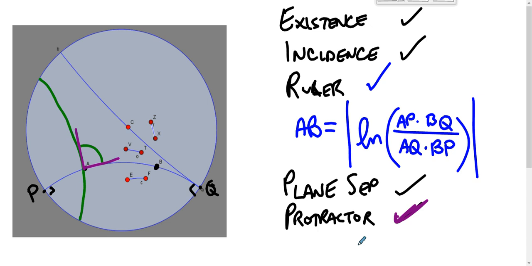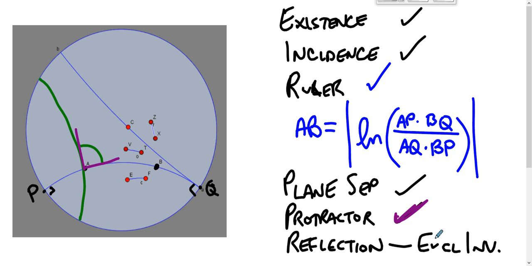So then the sixth axiom would be side angle side, but we've already ominously decided that we can go with the reflection postulate instead. But what does the reflection postulate look like in the Cinderella program? It's Euclidean inversion in a circle. What does that do?